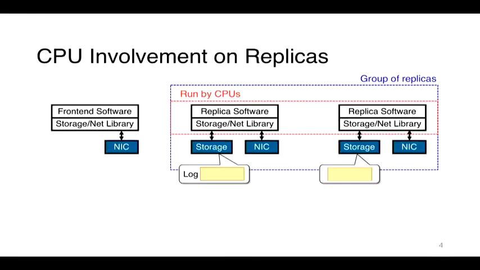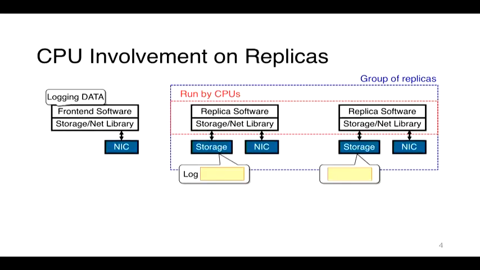So, why does this happen? To understand this, it's useful to look at software and hardware stacks of these storage applications. Let us use chain replication as an example. Suppose there are 2 replicas and a front-end server in a replication group forming a chain. Assume that a front-end server wants to append the data to a log using a logging operation.